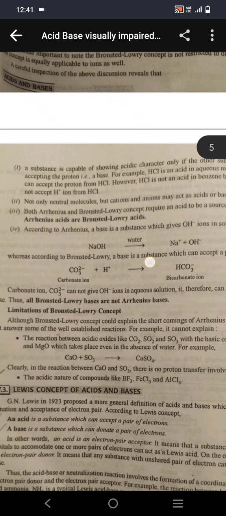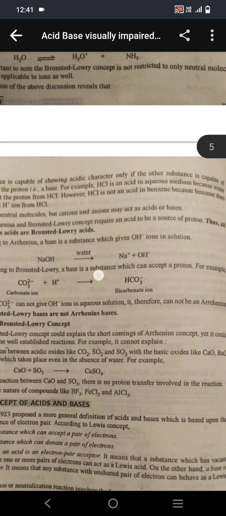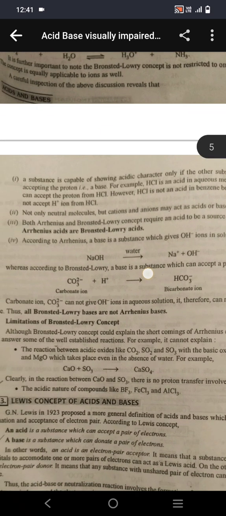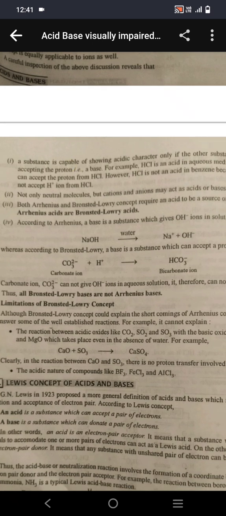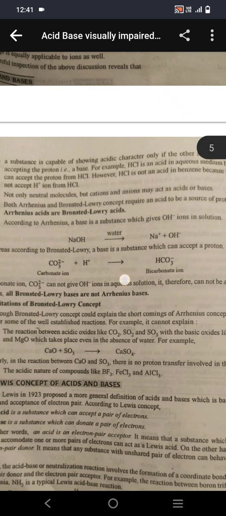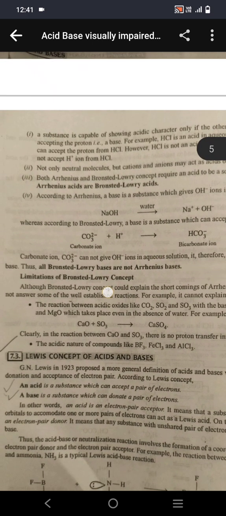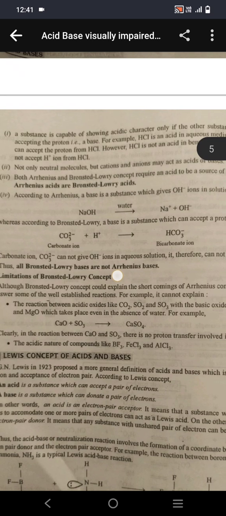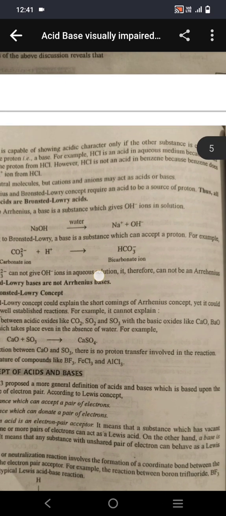Third, both the Arrhenius and Bronsted-Lowry concepts require an acid to be a source of protons. Thus, all Arrhenius acids are Lowry-Bronsted acids. Fourth, according to Arrhenius, a base is a substance which gives OH⁻ ions in solution, whereas according to Bronsted-Lowry, a base is a substance which can accept a proton.